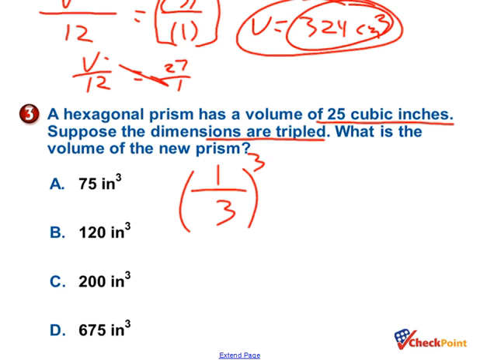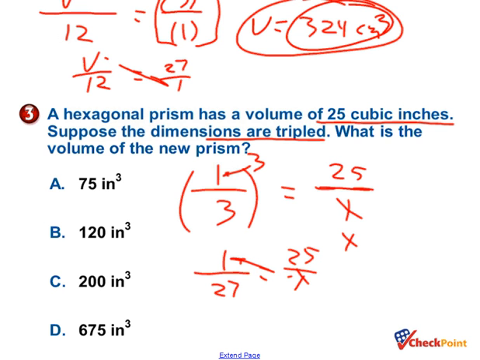Of course, I know volume means it's cubed, and that's going to be equal to 25 over the unknown x. So cubing this, 1 cubed is 1. 3 cubed is 27. 27 is equal to 25 over x.